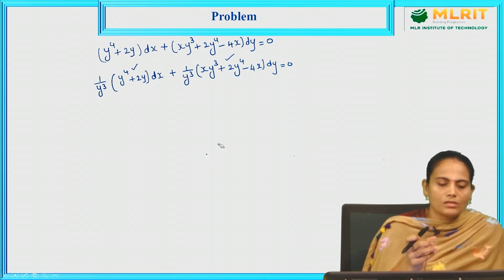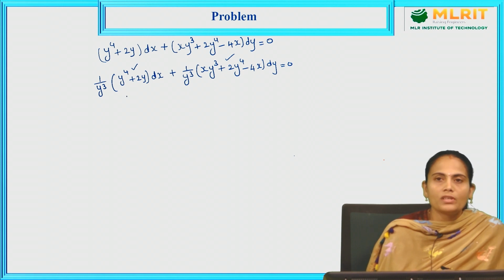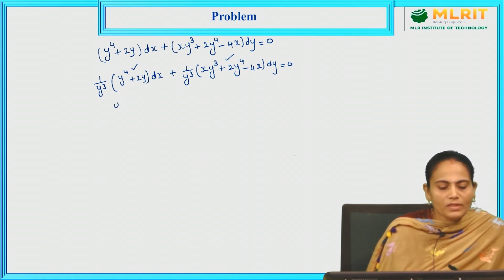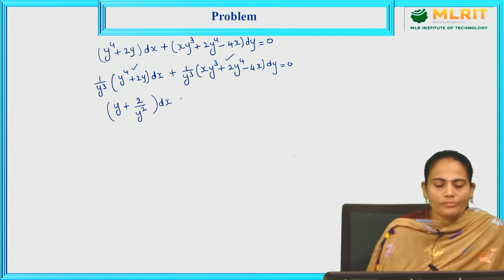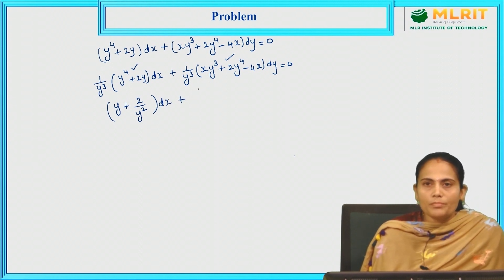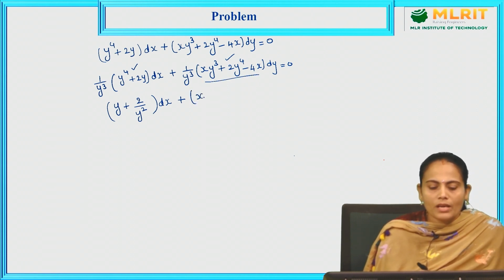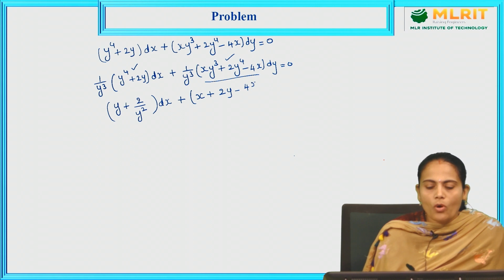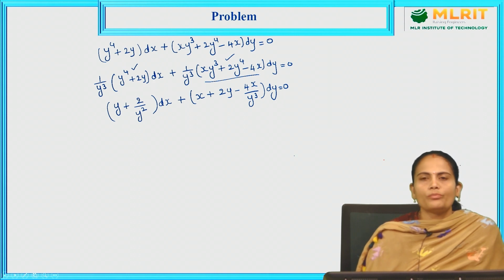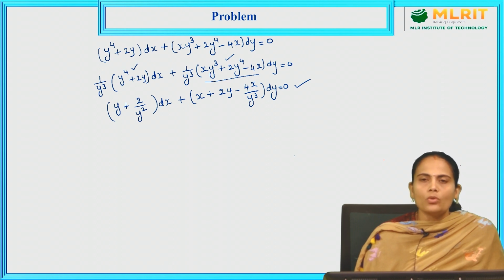So after multiplying with 1 by y cube, the first term becomes (y plus 2 by y square) dx plus, after multiplying with 1 by y cube of this second factor, this term becomes (x plus 2y minus 4x by y cube) dy is equal to 0. So this is the equation that exists after multiplying with the integrating factor 1 by y cube.